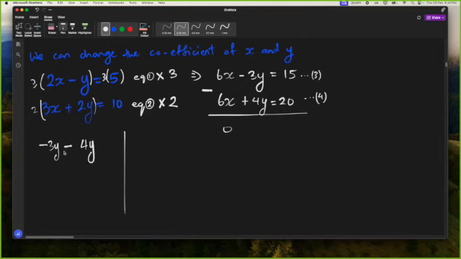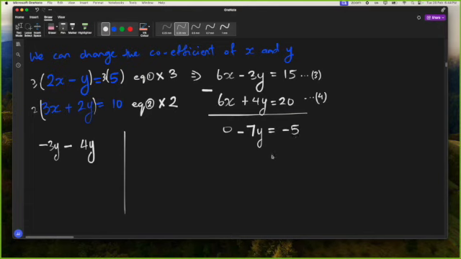When the signs are the same, you add them, 7y, and you keep the sign. So you had to be real careful here. And then on this side, I'll have 15 minus 20, which is minus 5.